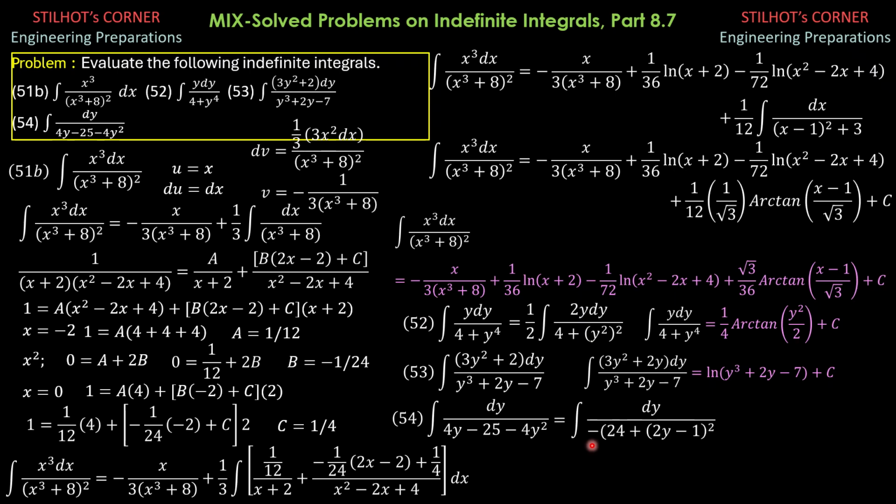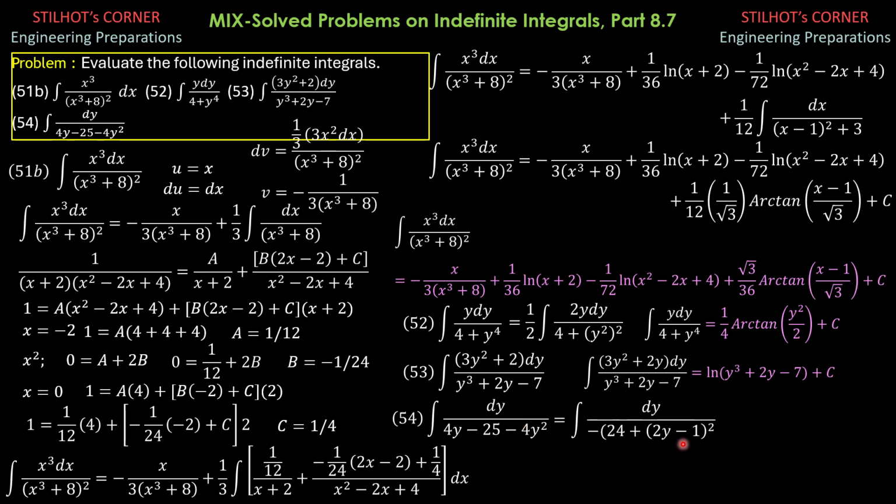So 25, negative of 25 is negative 25. Then the second term here is negative 4y. Negative 4y times negative, we factor out negative 1, so that would be positive 4y. The first term of this quantity is positive 4y squared times negative 1, so negative 4y squared. So that checks.